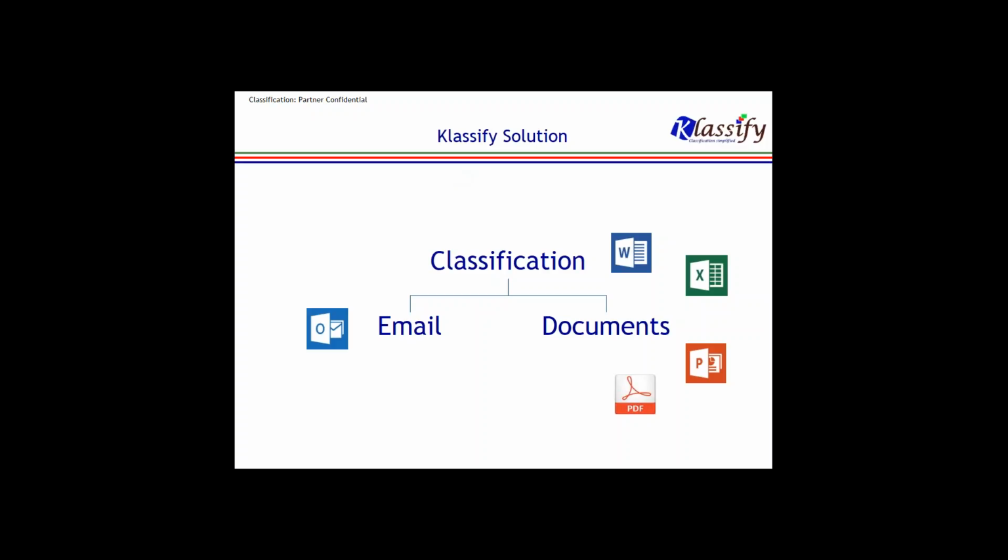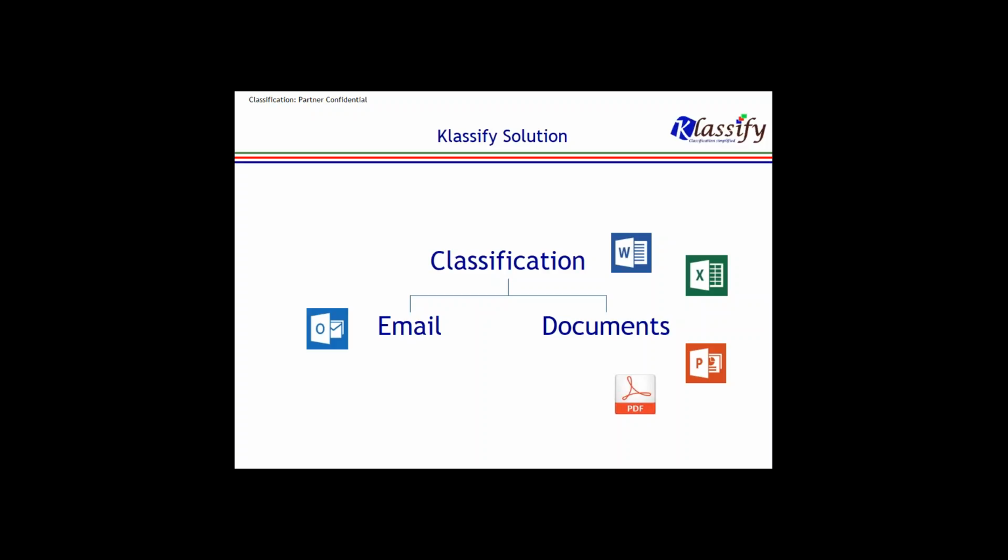So what does Classify really do? If you have a look at this slide, it takes care of emails in terms of labeling, and it takes care of Microsoft Office documents and PDF.